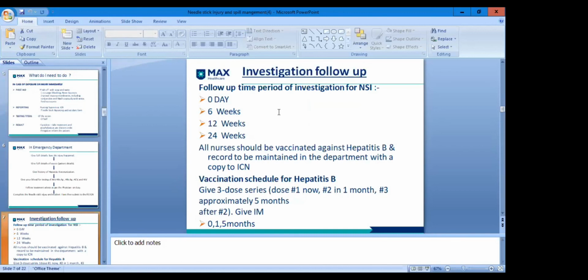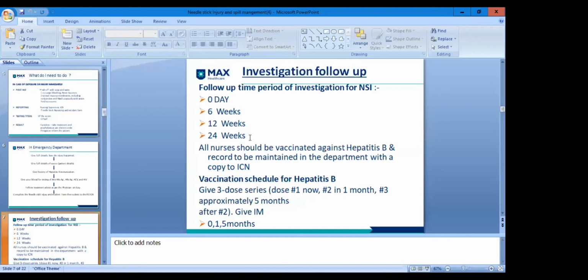The follow-up period for the investigations is defined as day 0, the day the injury happened, then 6 weeks, 12 weeks, and 24 weeks. I would say 24 weeks is the most important follow-up, because if any viral markers we are testing have turned positive due to an exposed patient, they usually manifest between 12 to 24 weeks.